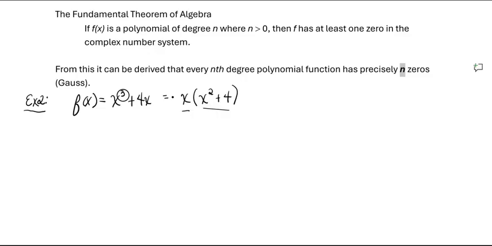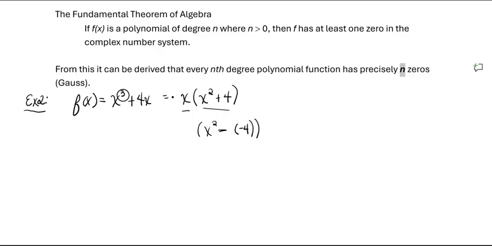Now, there's a few ways to factor this. Obviously, if I factor it, I'm not going to get real numbers. I could use the quadratic formula because I've got an x squared here, or I can treat it as x squared minus a negative 4, a difference of 2 squares.